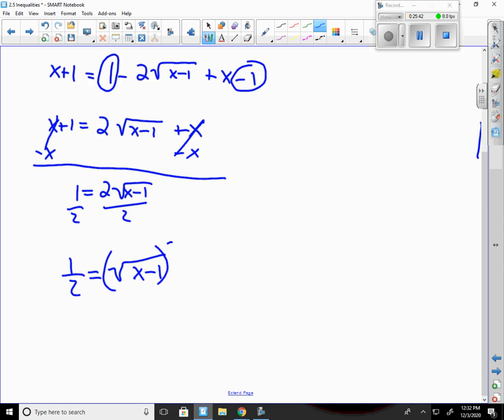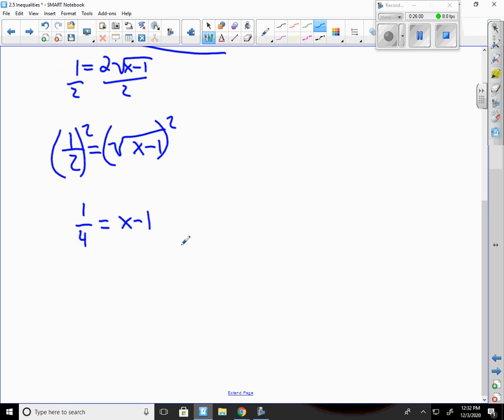Get rid of my square root. I square both sides. It gives me 1 squared is 1, 2 squared is 4. So it's 1/4 equals x minus 1. Add the 1 over to the other side.